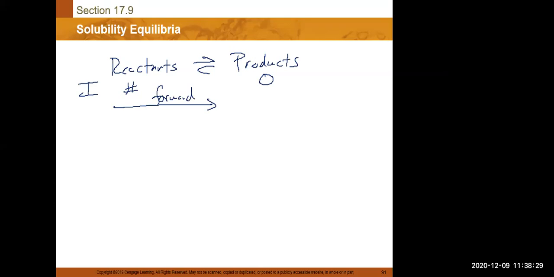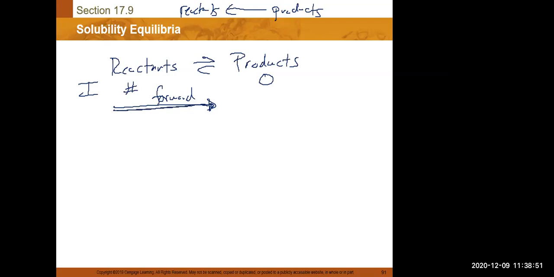It can't go in the reverse direction because you have no products. In order for the reaction to go the other way, you need some products to break back apart into the reactants. So since we're starting with no products, it is safe to assume that the reaction will start exclusively going in the forward direction.